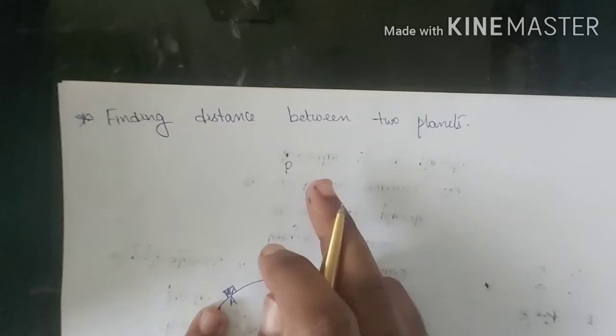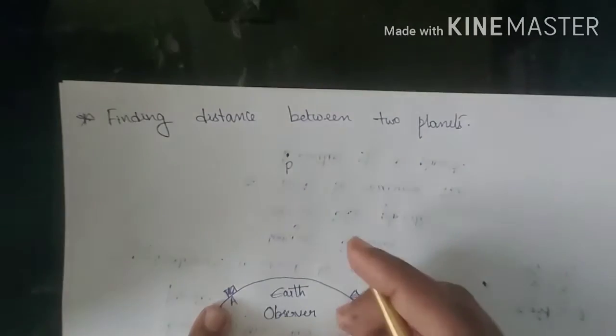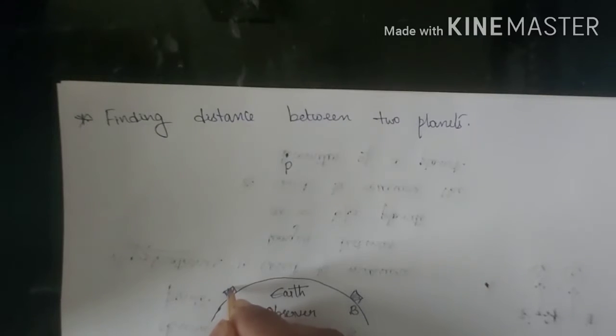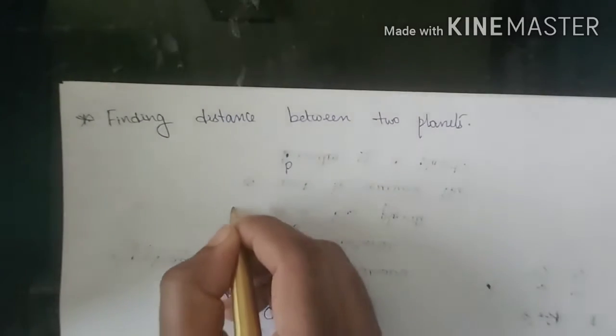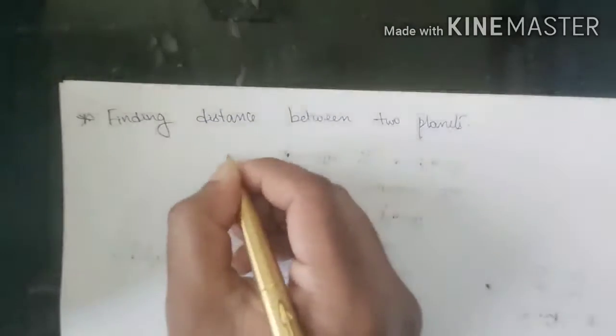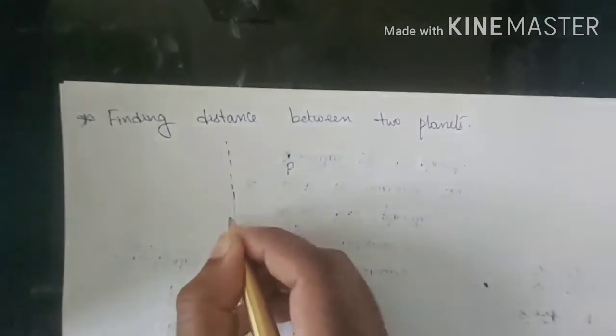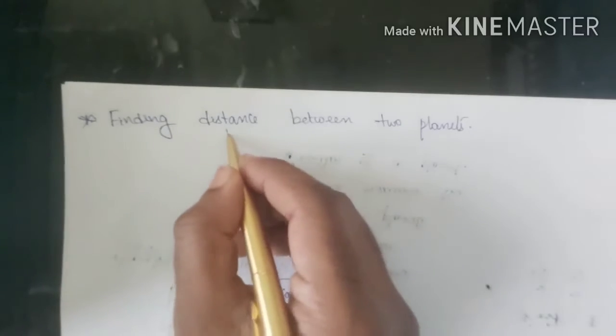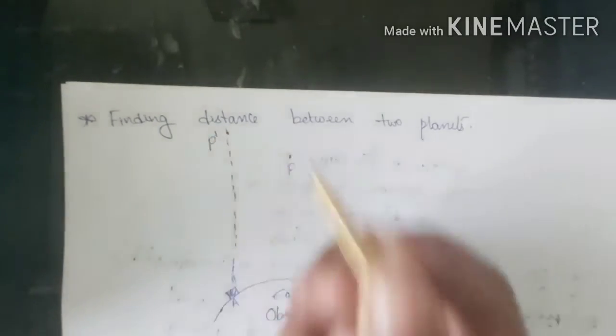So to measure the distance of P also, we must take a reference point. Straight with respect to A, but much farther than P, I have my reference point as P dash.